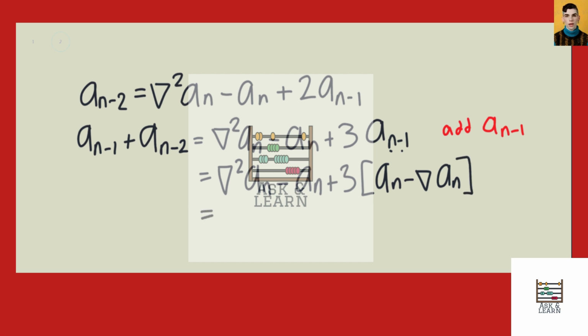And then we can combine these like terms, right? So we have a_n here and 3a_n here.